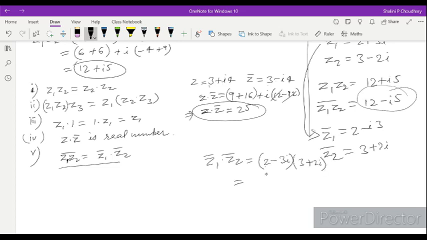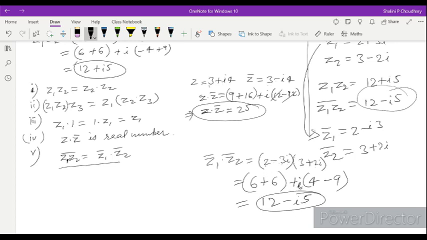So it will be 2 into 3, 6, and minus 3 into 2 will be minus 6, and already minus is there, यहाँ पे minus होगा because i multiply करेंगे तो minus minus plus 6, ठीक है, and then plus i into AD, that is 4 into BC, so that will be minus 3 into 3, 9, okay, so 12 और ये होगा minus i5.